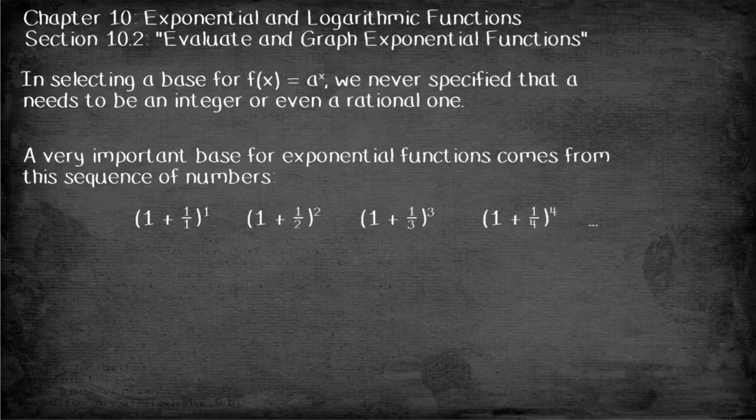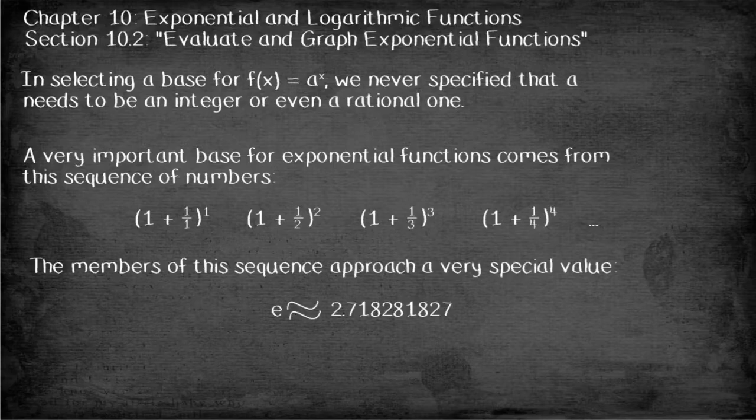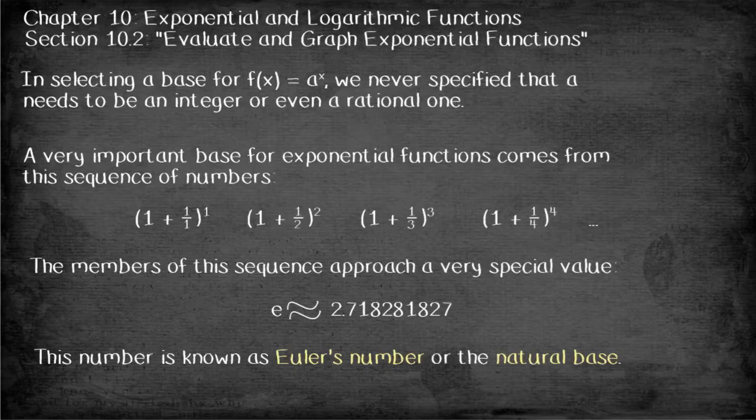The terms in that sequence approach a particular value, what we call e. It's roughly 2.718281827, and we call this number Euler's number, or the natural base. So that's an important base for exponential functions.